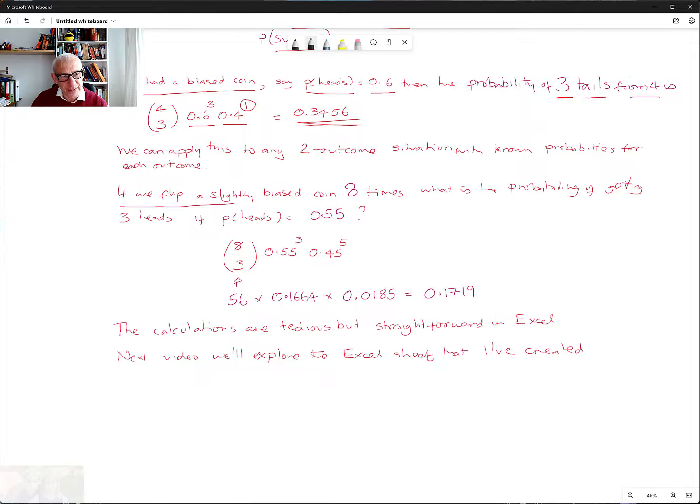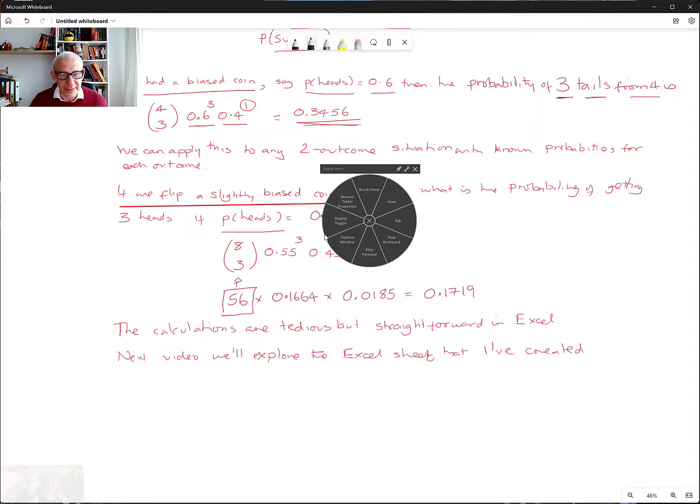If we now flip a slightly biased coin 8 times, what is the probability of getting 3 heads if the probability of 1 head is going to be 0.55? So the first part is to find out how many combinations of 3 we can make out of 8 flips. You're going to find later on that that number is going to come to 56. If you actually put that into the formula that I gave you further up, that comes to 56.